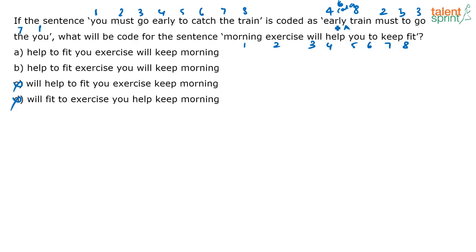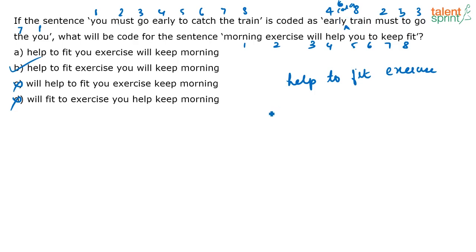Okay. So again, what will be the code then? It has to be the first 4, which means here 4 is help. Then 6th one should come. 6 is to. Then 8th one is fit. Then you have 4, 6, 8, then 2, that is exercise. The correct answer is B. Here catch has to come. Okay, early, catch, train, must go.